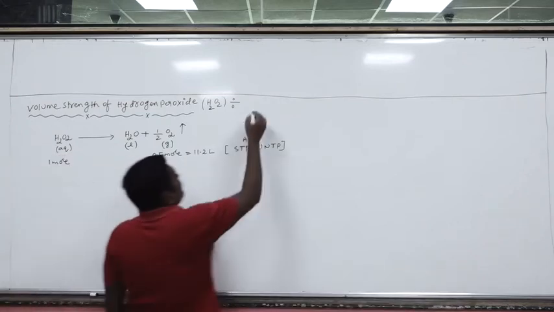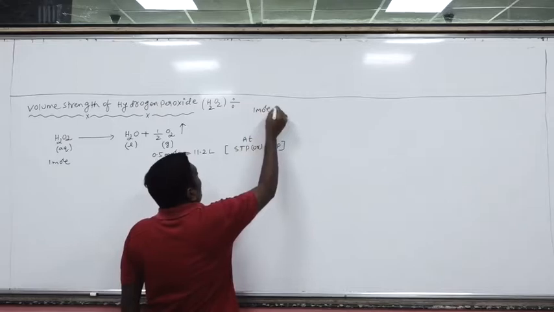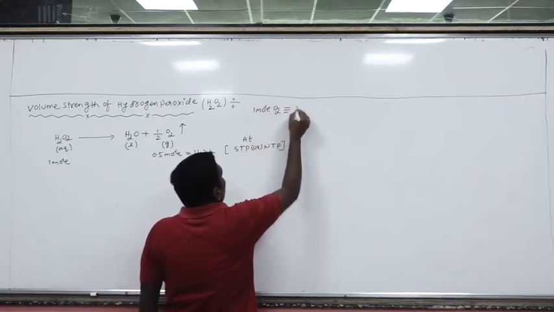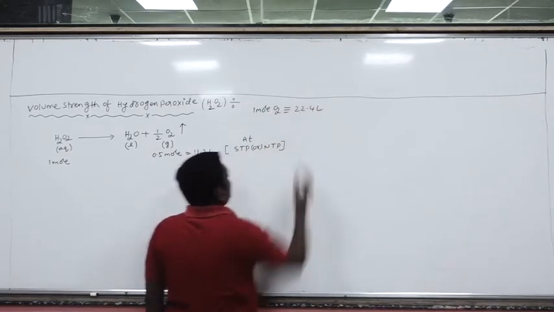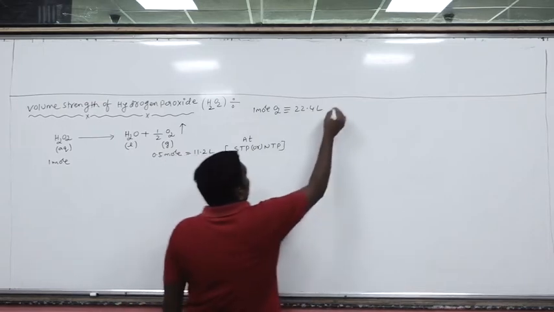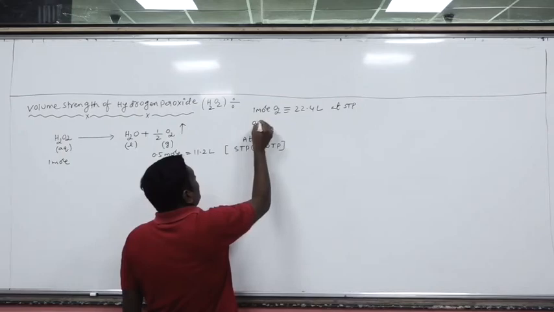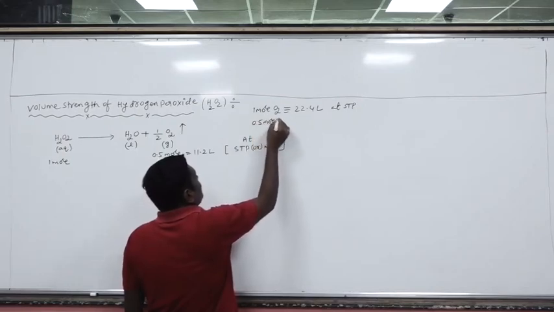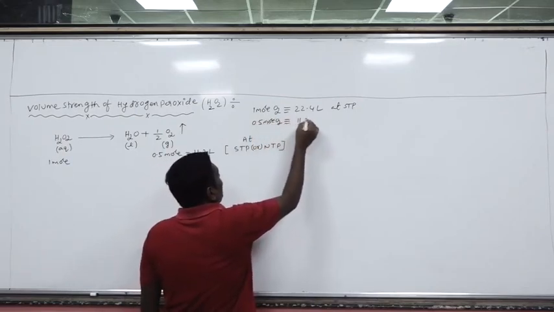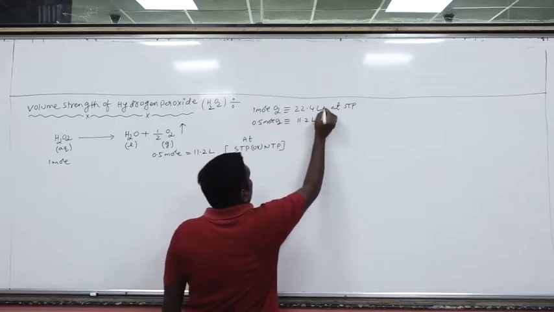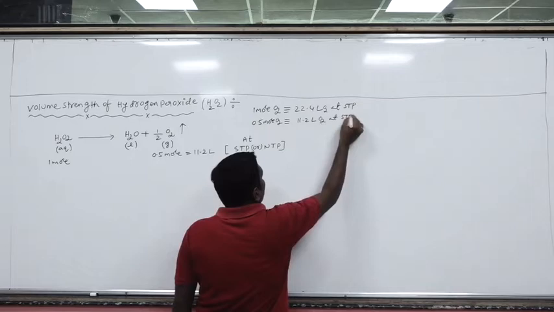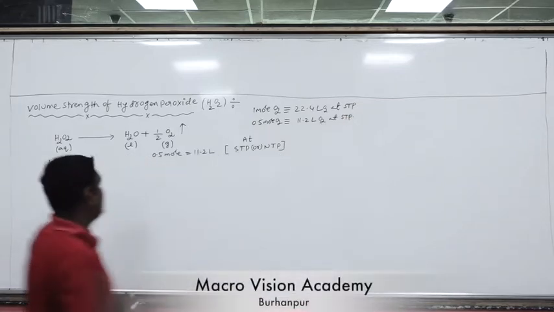We know 1 mole of oxygen at STP is 22.4 liters. Now half mole, that is 0.5 moles O2, will be equivalent to 11.2 liters O2 at standard temperature and pressure or normal temperature and pressure.